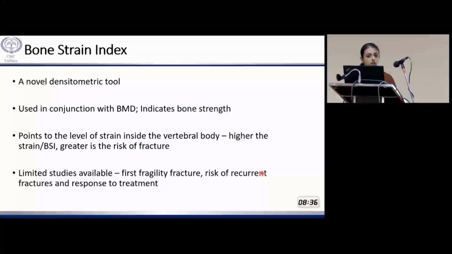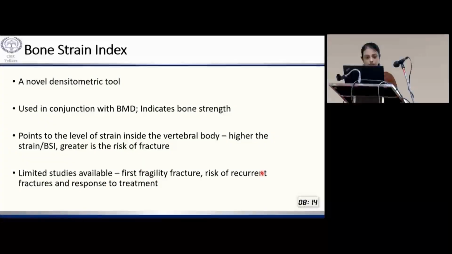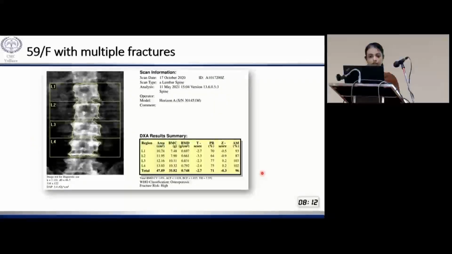Let me just touch upon bone strain index. This is again a novel tool which requires additional software on the DEXA. It can be used along with BMD, and it points to the level of strain inside the vertebral body. Limited studies are available, mostly from the Pioneer group in Italy, where they have shown that it does have utility in predicting the first fragility fracture and the risk of recurrent fractures.